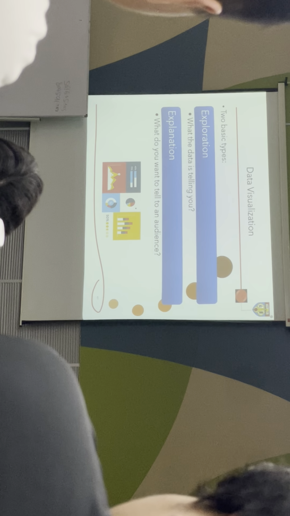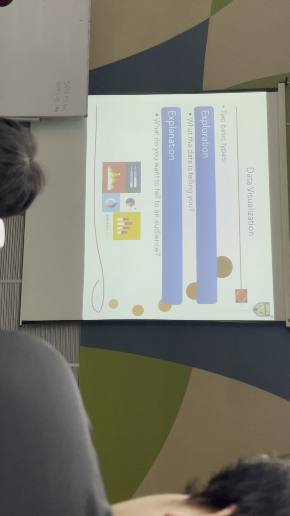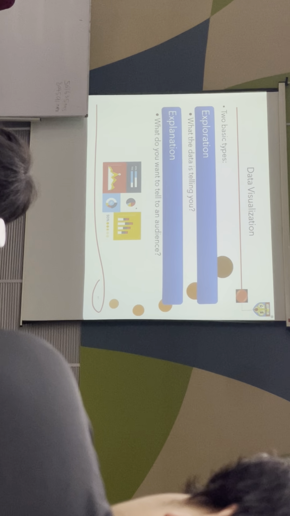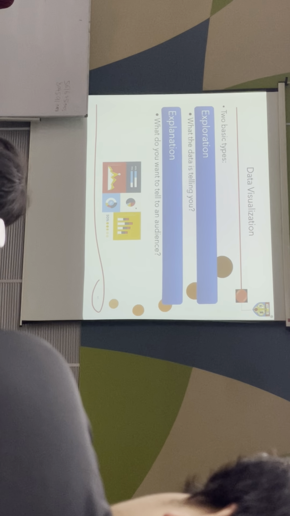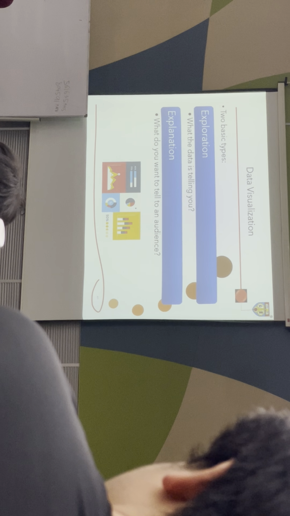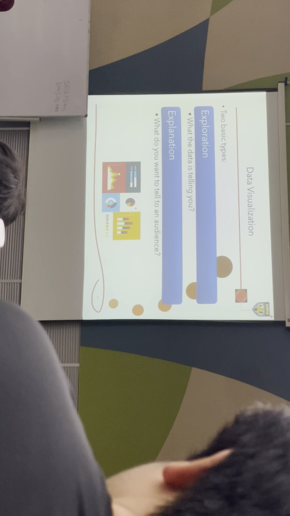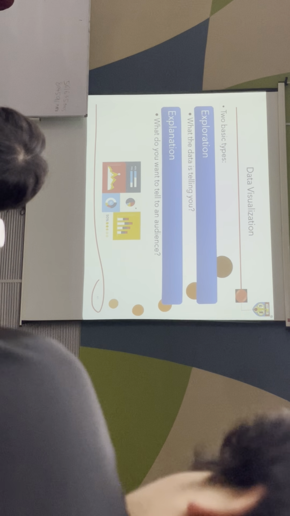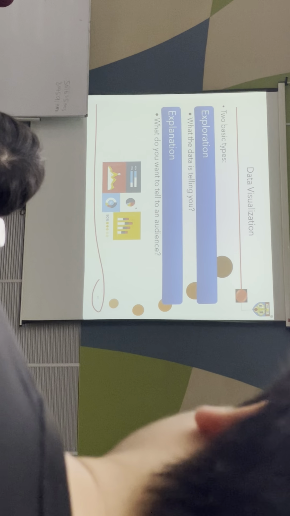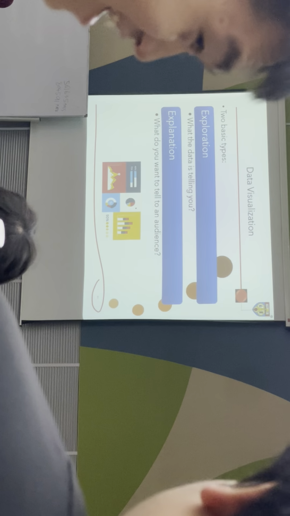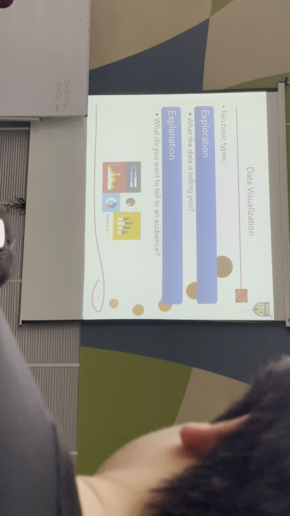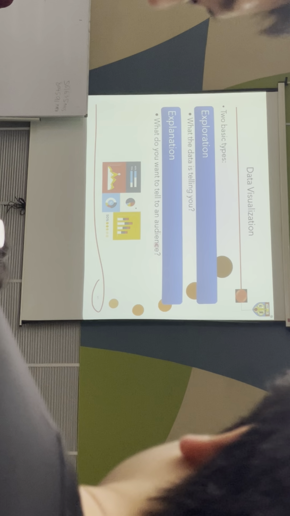Okay, so what do we need to tell the audience? So there are 2 basic charts here. For example, if you're talking about exploration, let's say you have a data set about the test score of your data science classmates, and the test score is already organized nicely in table form, and then you can use data visualization.